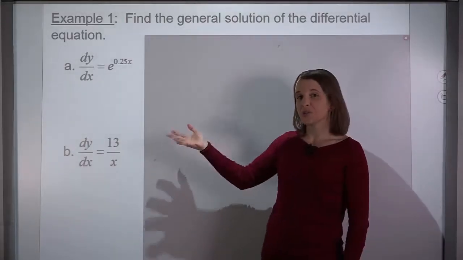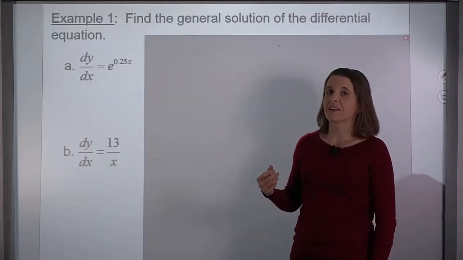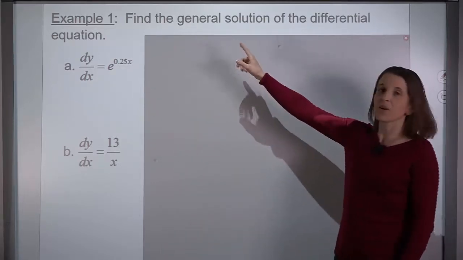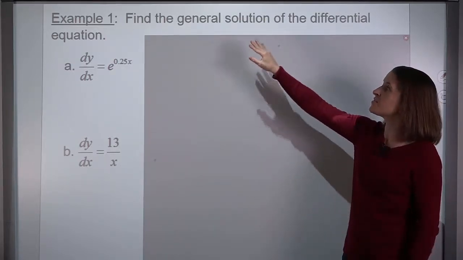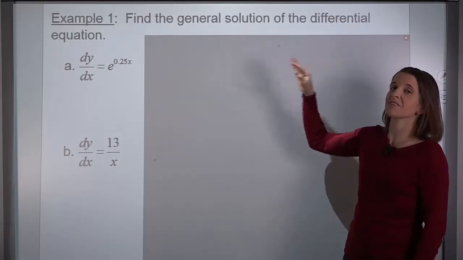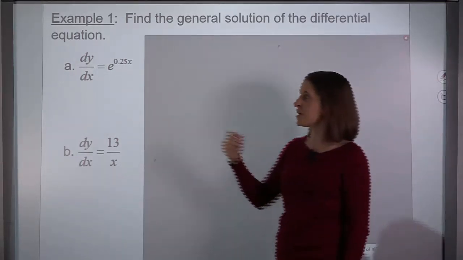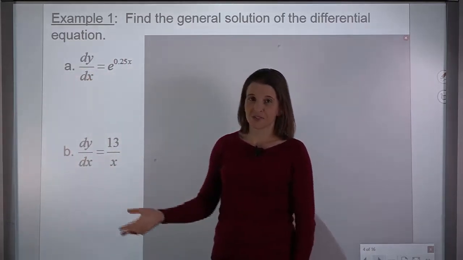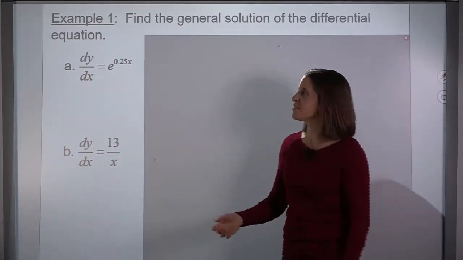So to show you that we really have been doing this already, we have a question that you'll see is what we've been doing, but with the new lingo. It says, find the general solution of the differential equation. Well, it's a differential equation because it involves a derivative. That's it, differential, right? Differentiate means to find a derivative.